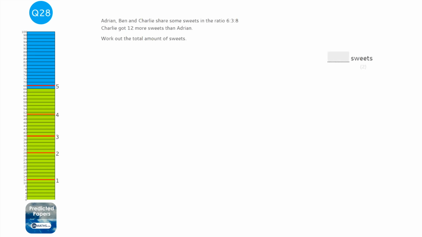Okay, so this question is a little bit more complicated than it first seems. So we've got Adrian, Ben and Charlie, and they share some sweets in the ratio of 6 to 3 to 8. And it says that Charlie got 12 more sweets than Adrian.